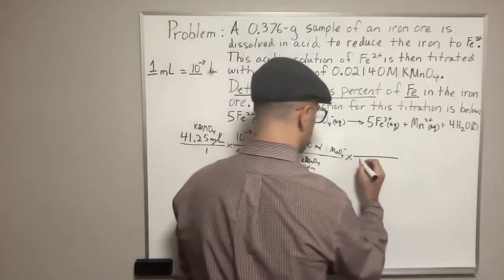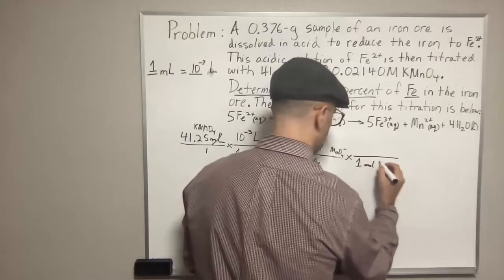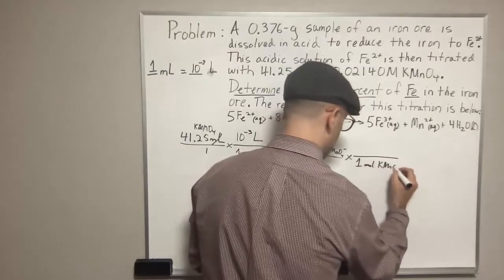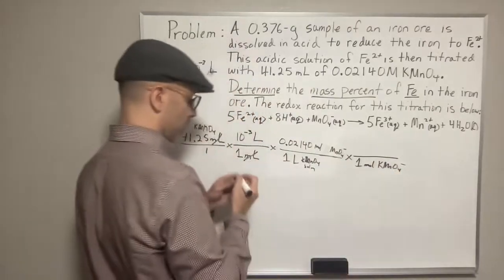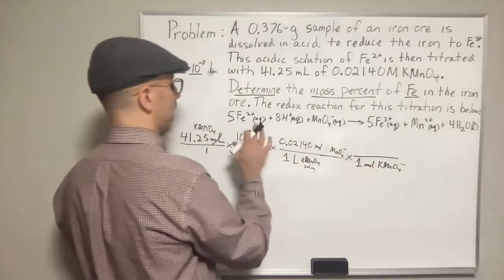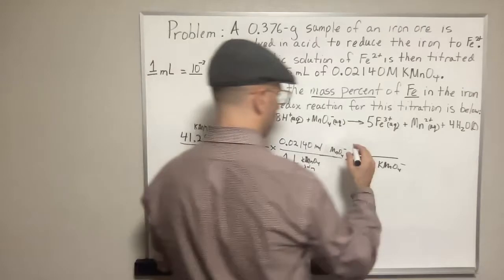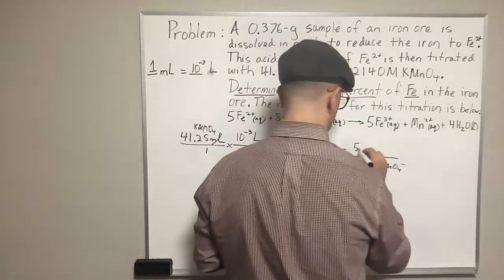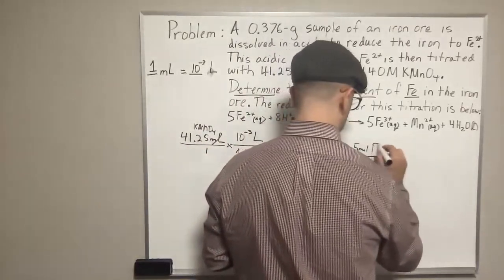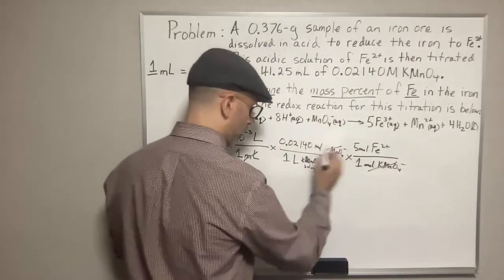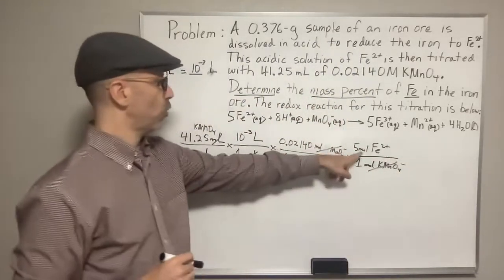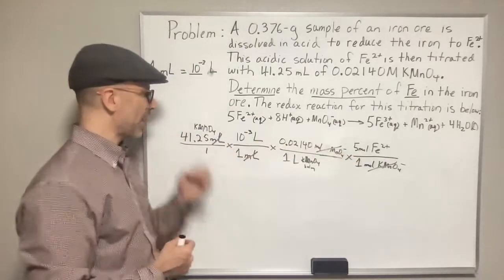So 1 mole of MnO4 minus on the bottom, and now I'm going to have 5 moles of Fe2 plus on top. So moles of KMnO4 cancel out. Now I have moles of Fe2 plus on top.